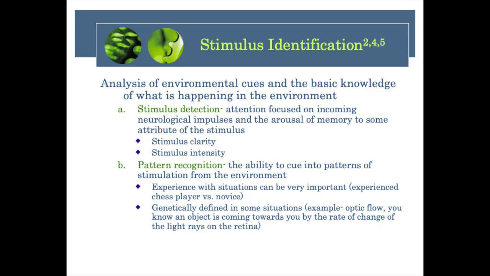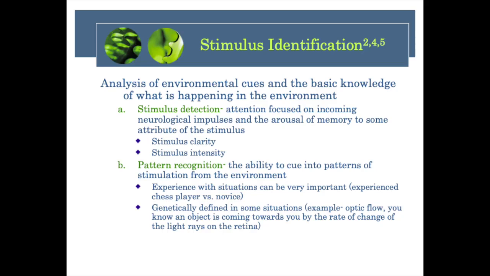Then there's pattern recognition, which is our ability to recognize the pattern of the stimulation from the environment. The important thing about pattern recognition is our experience with that pattern. If we have extensive experience with that pattern, we're more likely to recognize it.